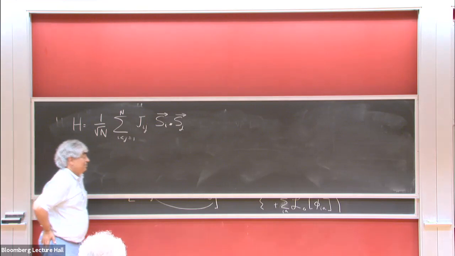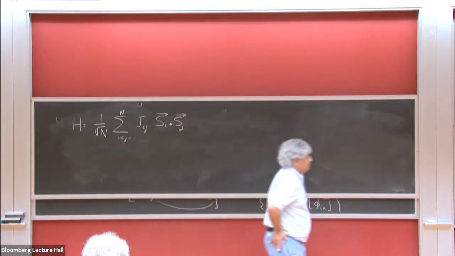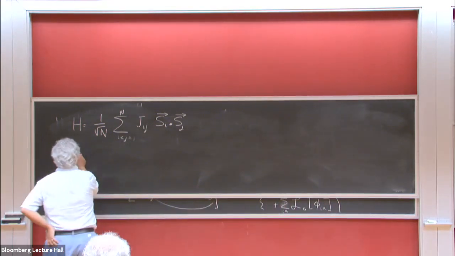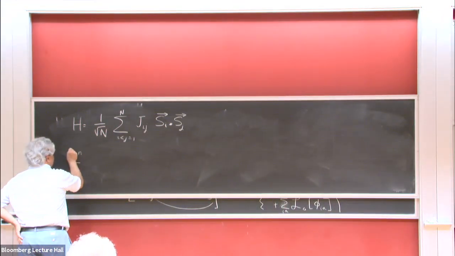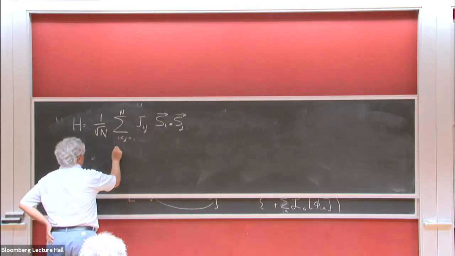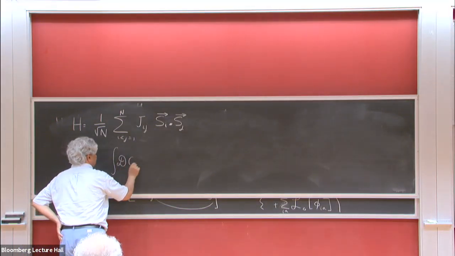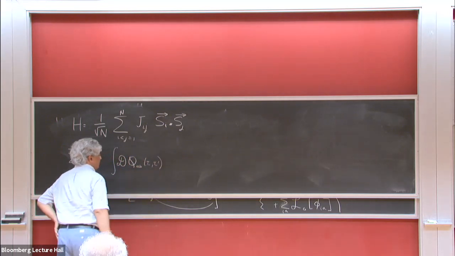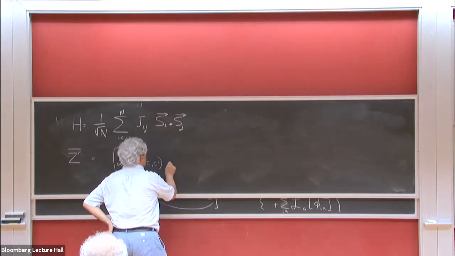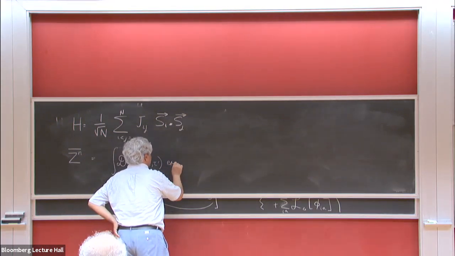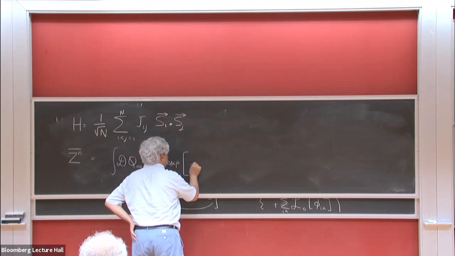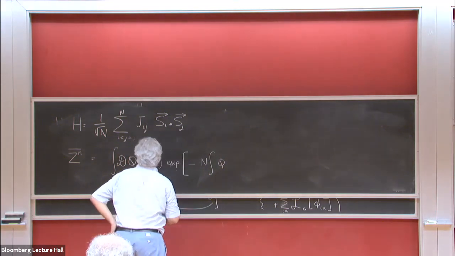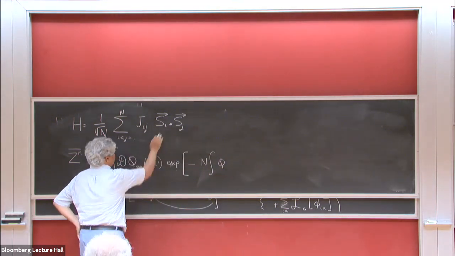So we can go through exactly the same song and dance and reduce the path integral Z to the n average to a path integral over dQ_ab(tau, tau prime), exponential minus n Q. The Q also has a bunch of replica spin indices.